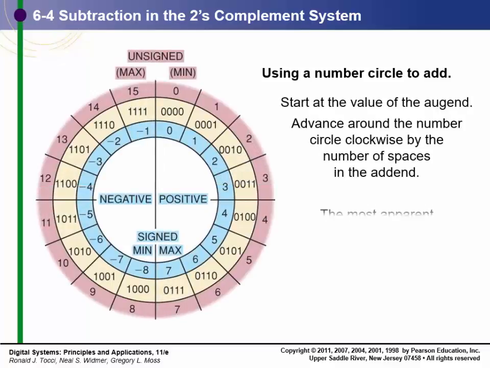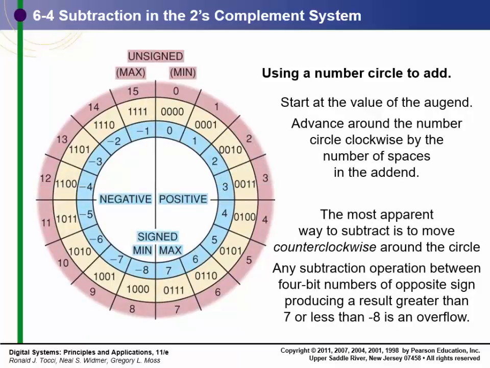This shows a table going around a circle. From here to here is positive, and going this way we go to -8, all the way to -1. It does a funky thing as we look around this table. Here's our 0 point.